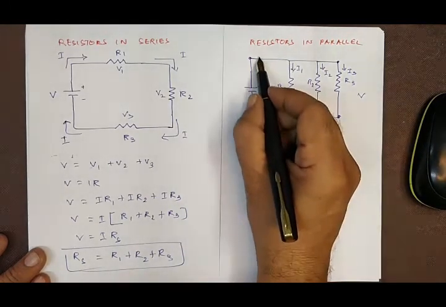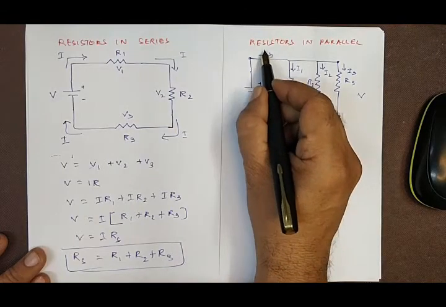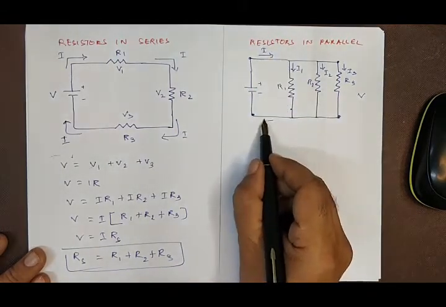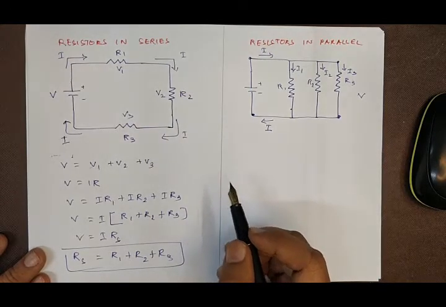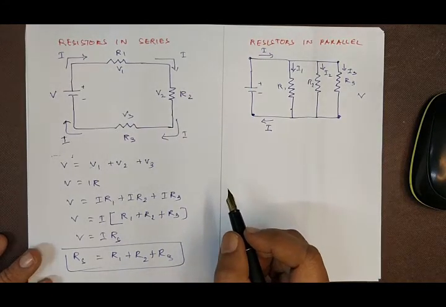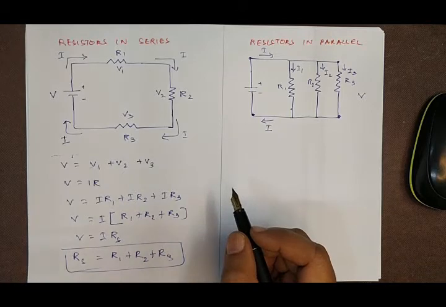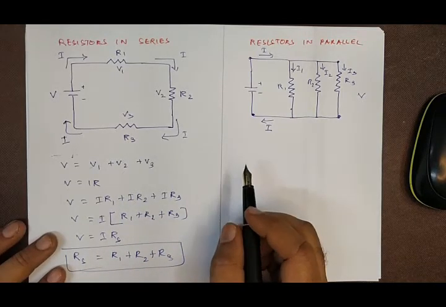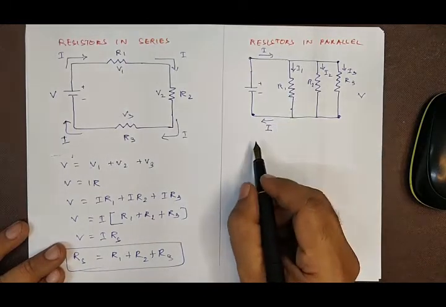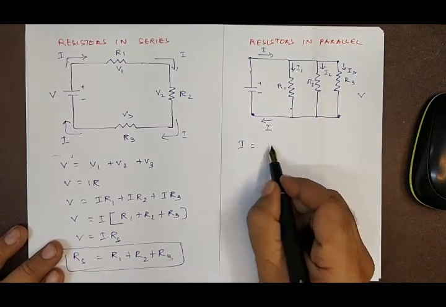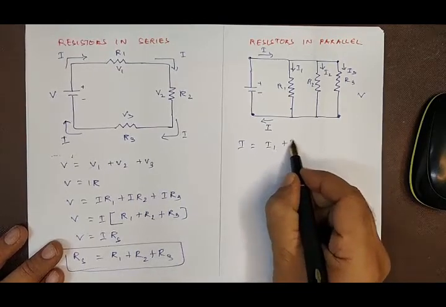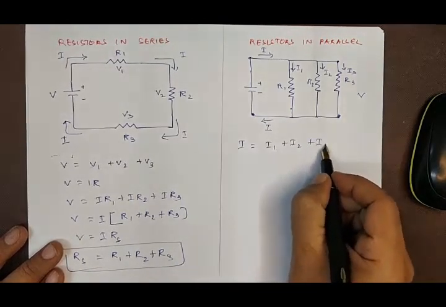So this is I, and this is returning as I. Now we can write down like this: I is equal to I1 plus I2 plus I3, total current.